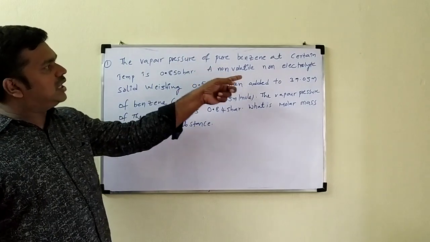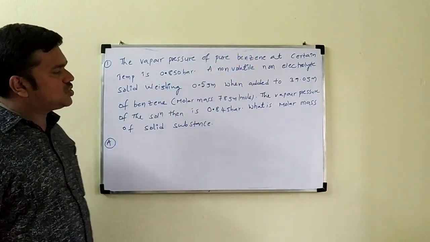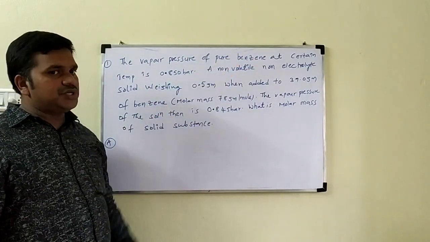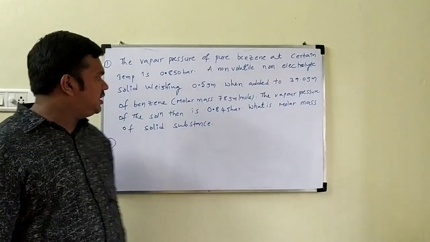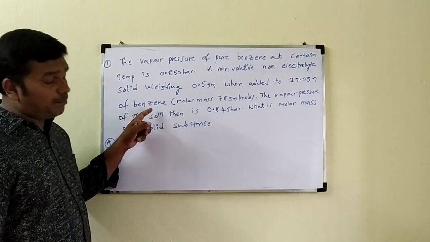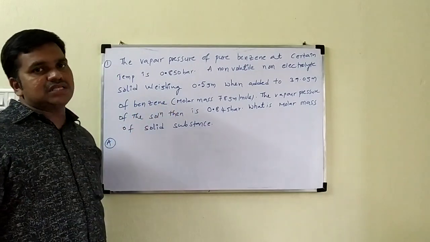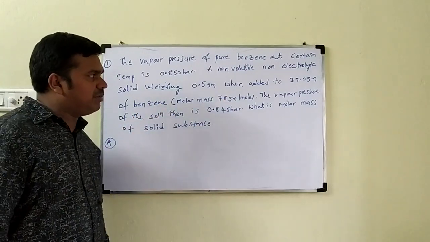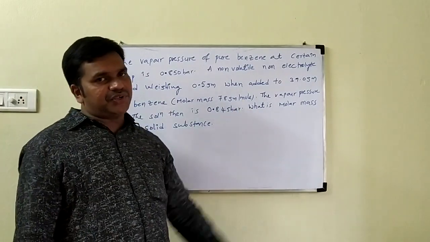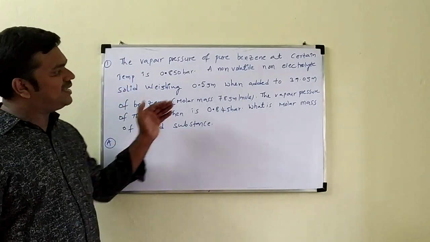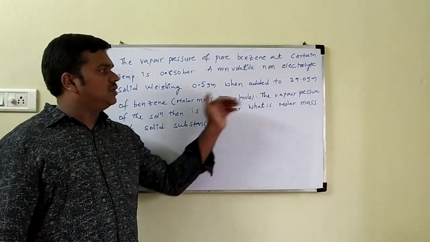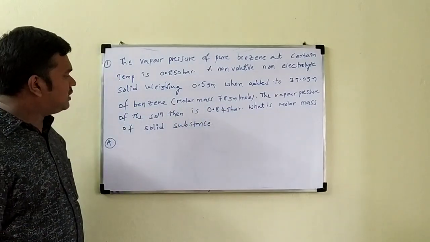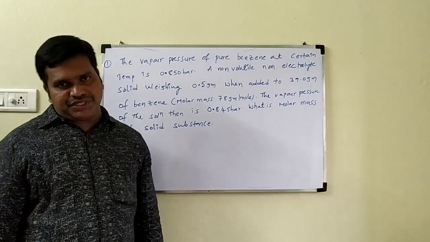A non-volatile, non-electrolytic solid weighing 0.5 grams when added to 39.0 grams of the benzene, and the molar mass of benzene is 78 gram per mole. The vapor pressure of the solution then is 0.845 bar. What is the molar mass of the solid substance?